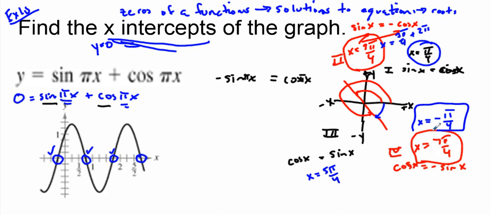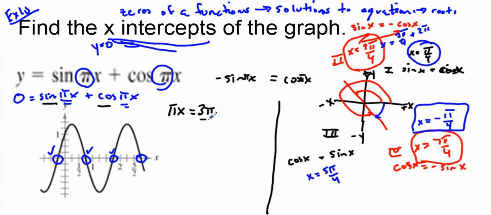Now, the thing is that that's when sine is just x and cosine x. They're not. They have pi's right here. So our solutions that we found, I'm going to write this out now. Hopefully you're all following along. When we solve this, we're going to have pi over x for both of these. One is going to be 3 pi over 4.